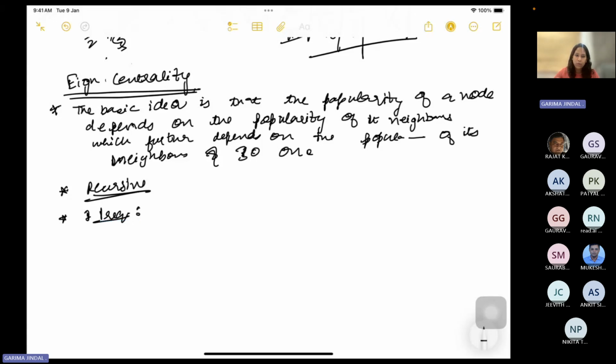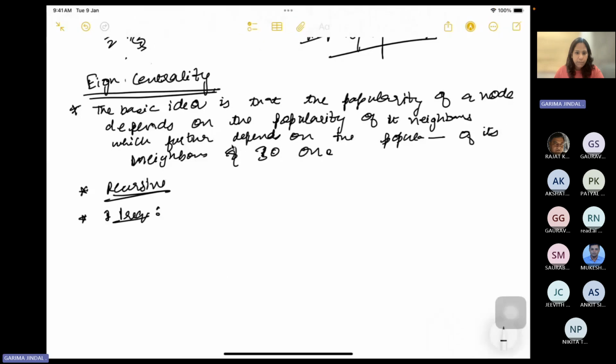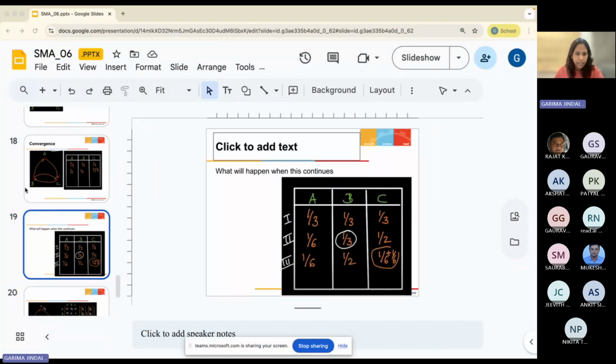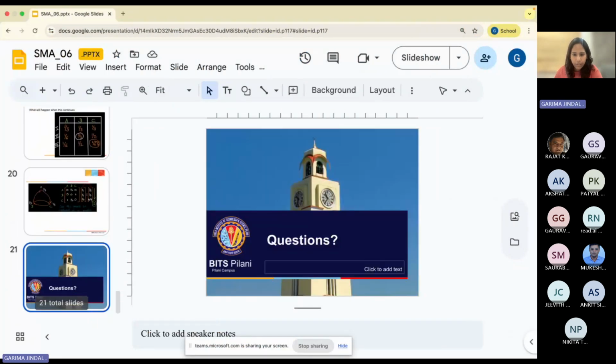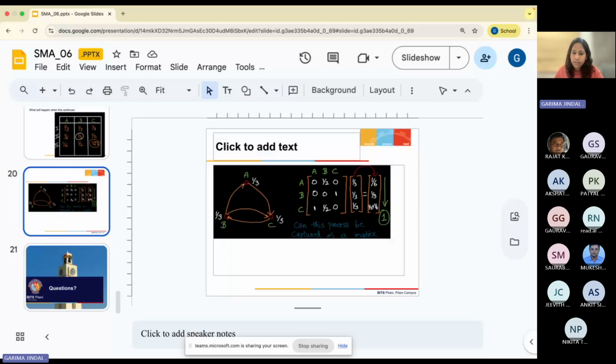If we keep on multiplying that matrix with a vector iteratively, then at a point it will converge. For example, this was the network we discussed. You can see this network can be represented in the form of a matrix, and the matrix can be multiplied to another vector.